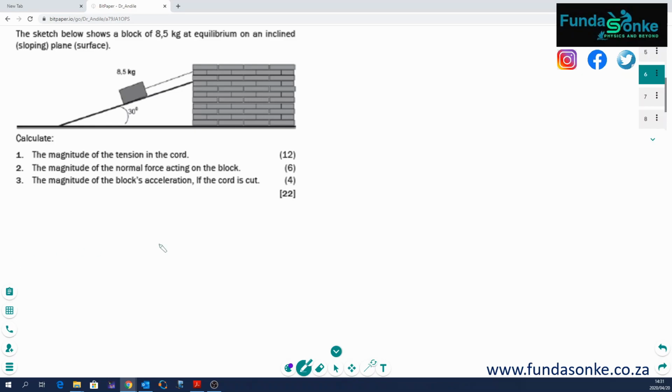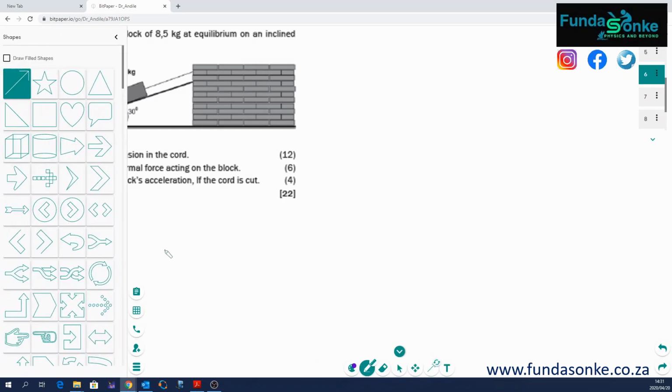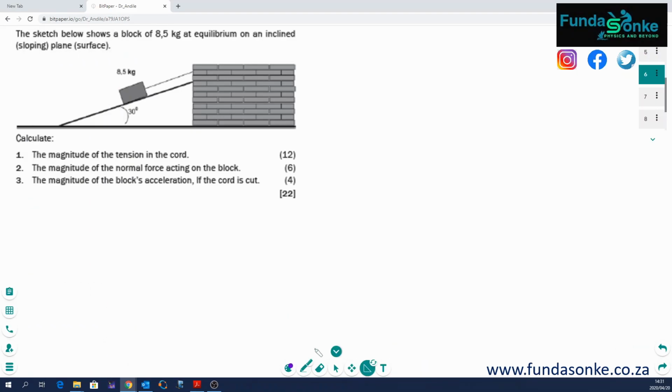Okay, so like the previous diagrams, in this case, we would want to have an illustration of the scenario that has been described. So I'm going to draw an inclined plane. Okay, like that. And this inclined plane, we can see that this is at 30 degrees.